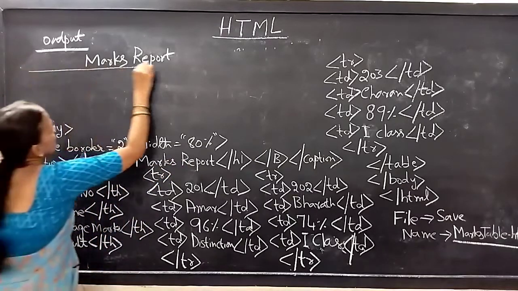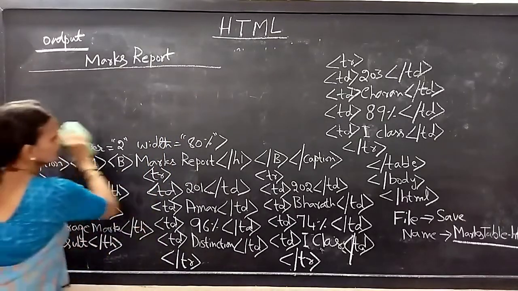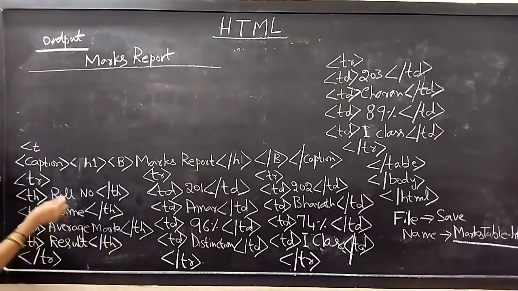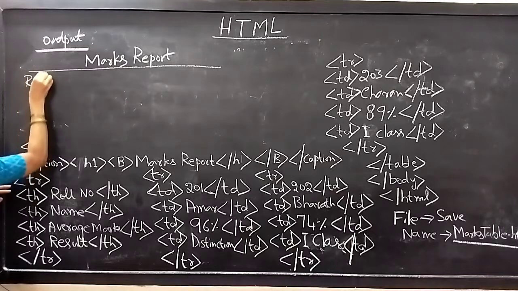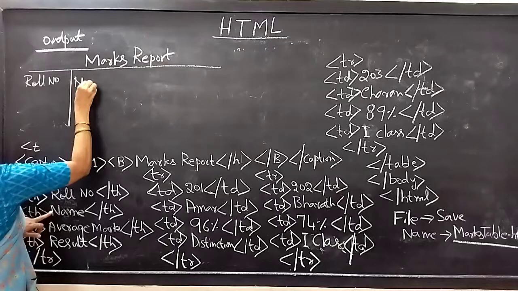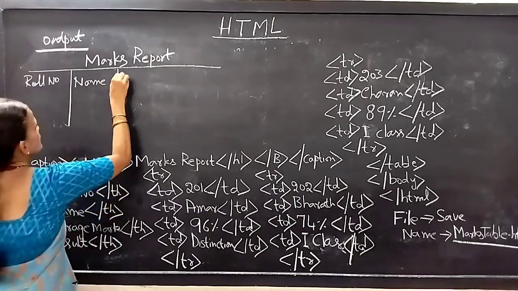Then for the column headings, whatever heading we have given with TH, you are getting here: roll number, then name, then average marks.